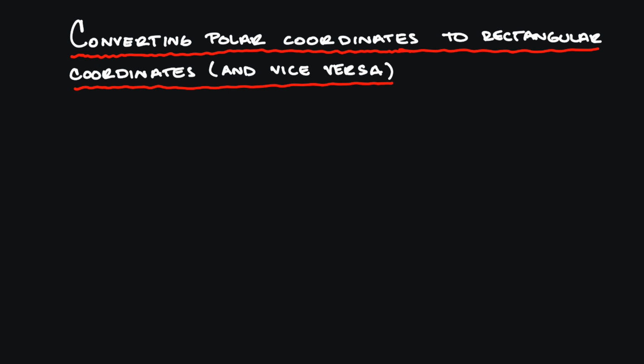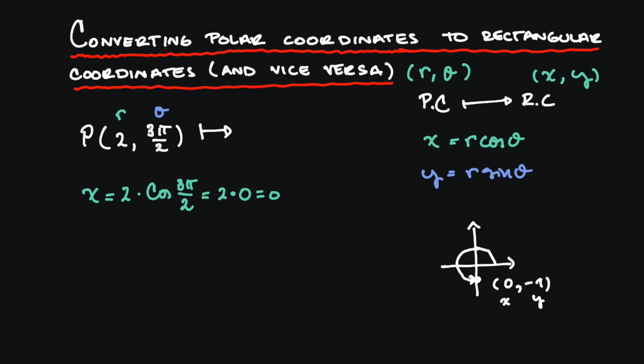So for this polar coordinate in rectangular coordinates, the value for x is going to be 0. Now we're going to find the value for y. y is going to be equal to 2 times sine of theta, so 2 times sine of 3 pi over 2.